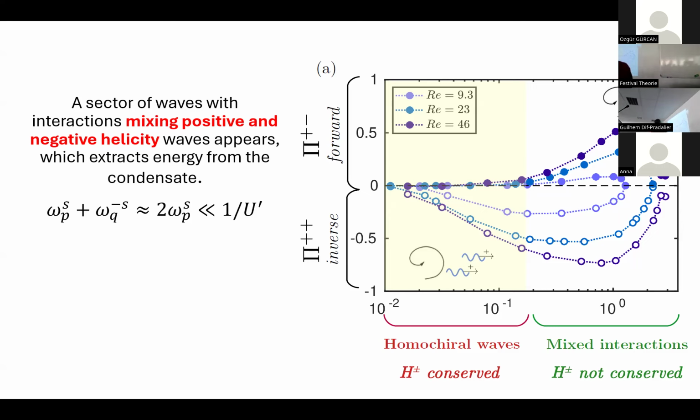And then if you're above some Rossby number, here 0.1 or 0.2, what you see is that you develop this direct escape, this direct transfer of energy that has to do with these plus minus modes. So once I introduce interactions, because I decrease rotation, I allow for waves to interact with different helicity modes. Then what happens is that I develop processes which take away the energy from the condensate instead of giving it to the condensate.